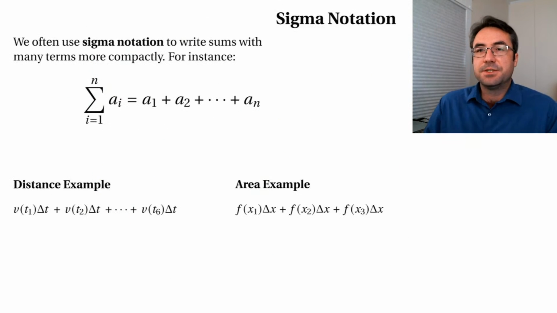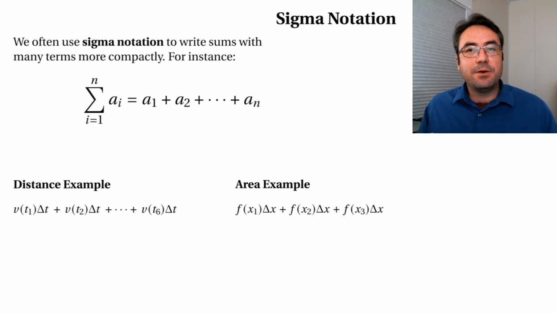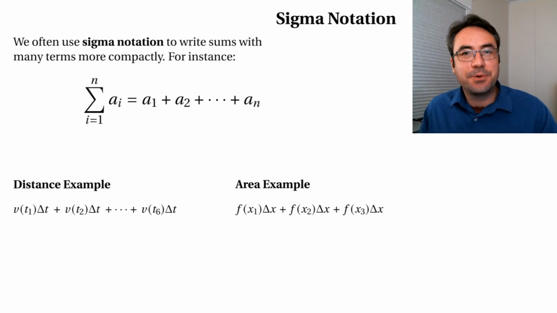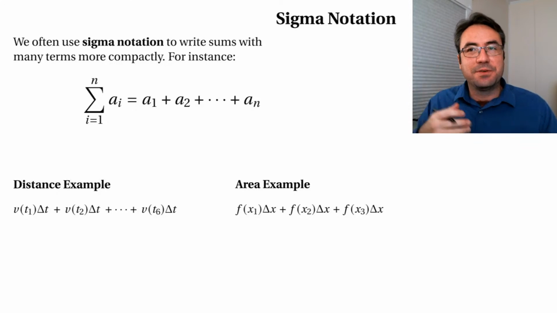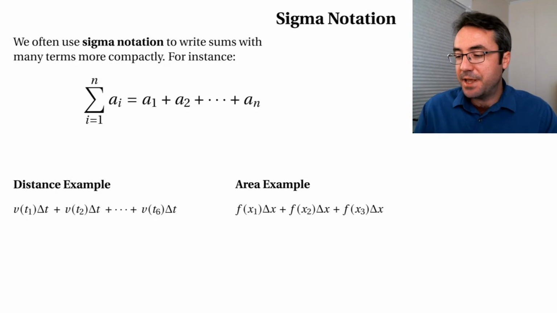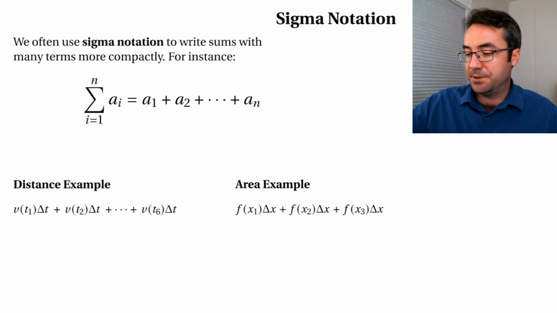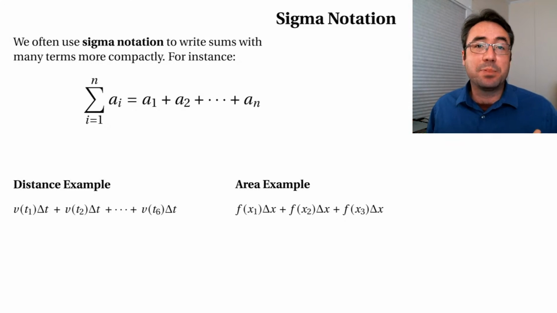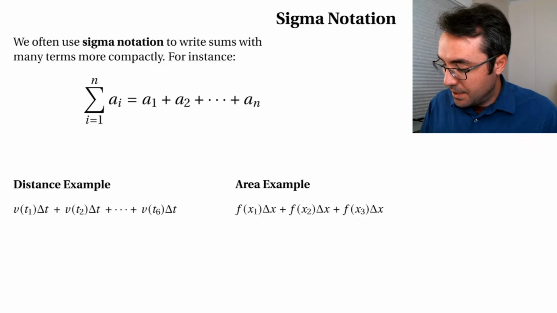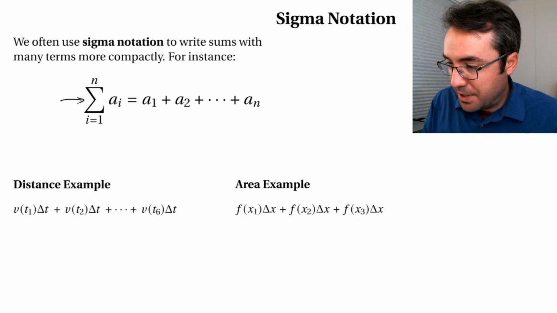All right. So like I said, we want a notation to simplify this process of adding up a bunch of things. And the notation that we use is called sigma notation. We're going to think of it as just a big plus sign, a big addition sign. So this is our sigma here.